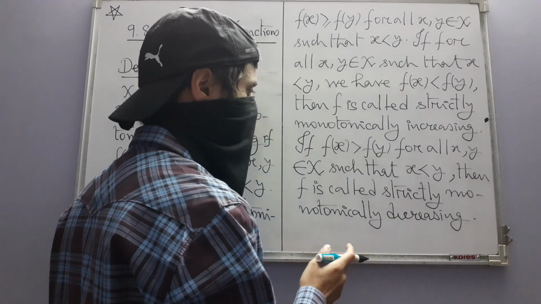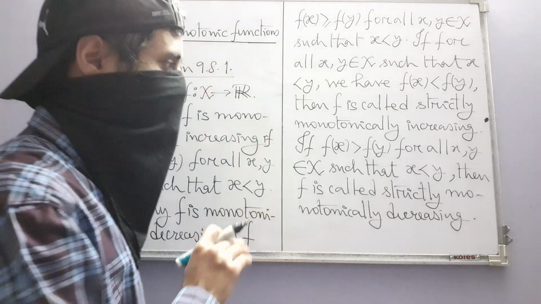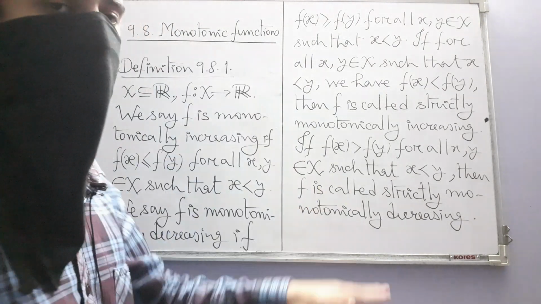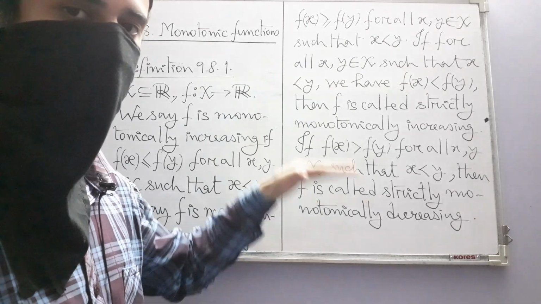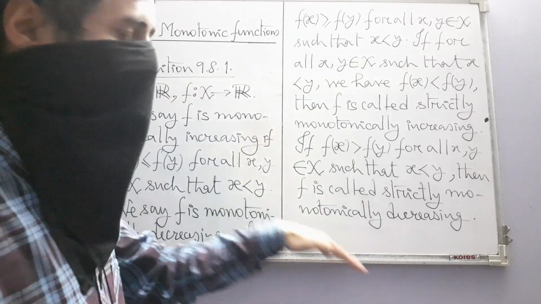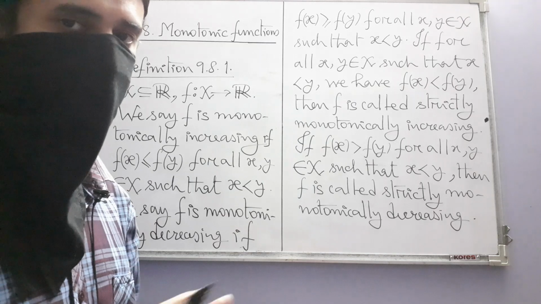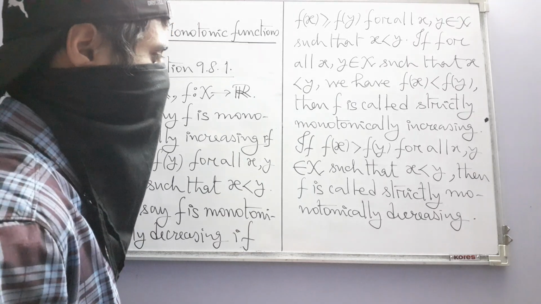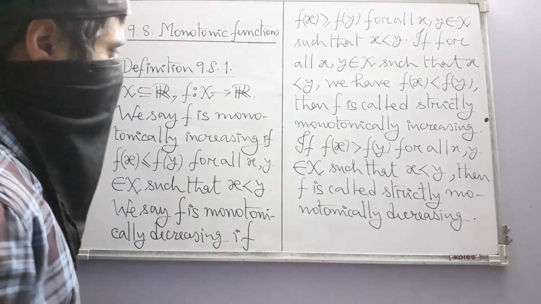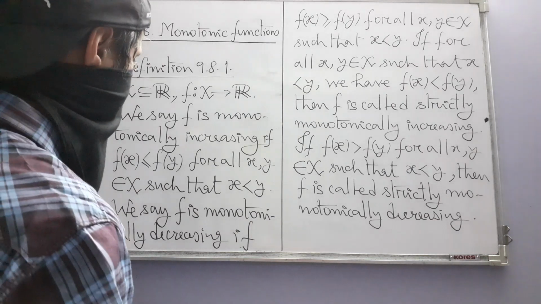And similarly, the graph of a strictly monotonically decreasing function steadily goes down, with possibly different rates of going down in different regions within the domain. And there is something else also.